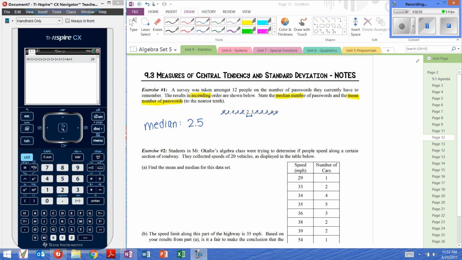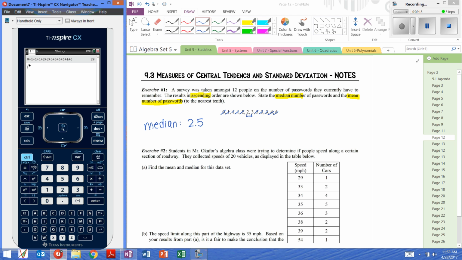Now, in order to find the mean, what we're going to do is add up all of the numbers, which you can see I've done on my calculator, and I got 29. And what we also have to do then, in order to find the average, is divide by however many people were in the survey. I know that 12 is not going to go into 29 evenly, and if I just push enter without a decimal point, I get a fraction, and I would rather just have a decimal output.